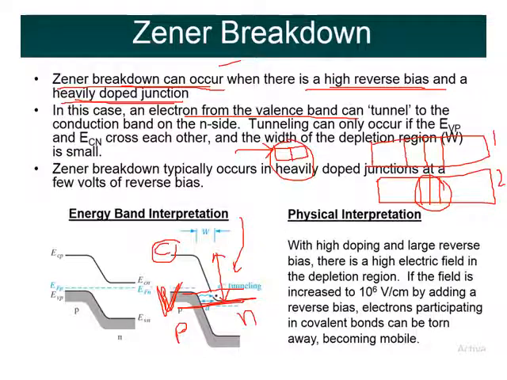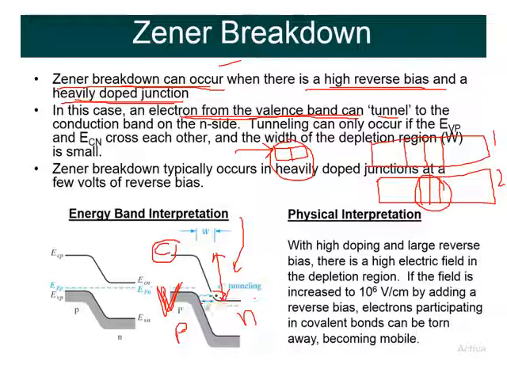Let us see. An electron from the valence band can tunnel. Now, what is tunnel? In very simple words, it is the movement from one part to the other part. I'll explain it here. Let me first erase those things.